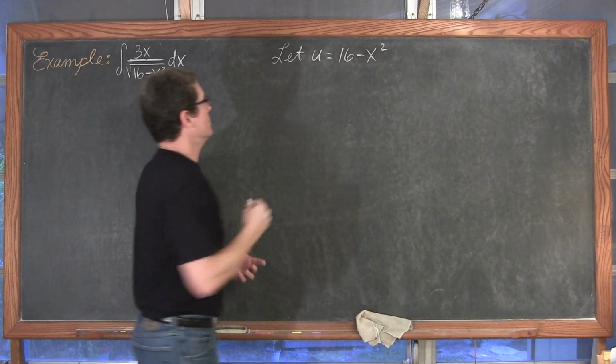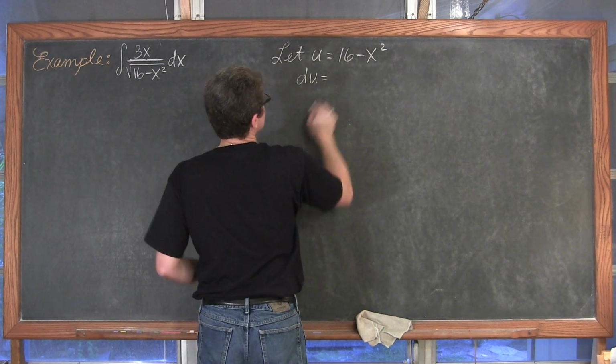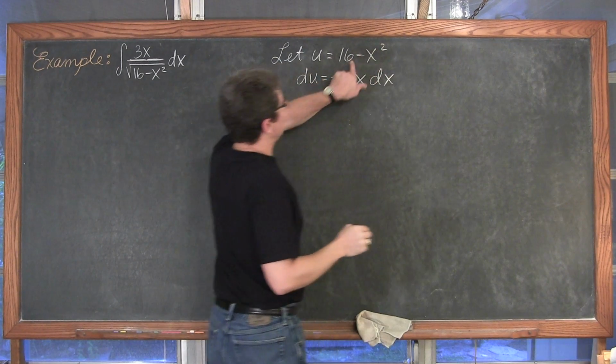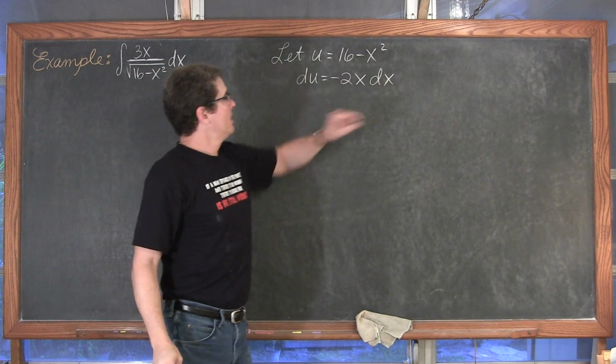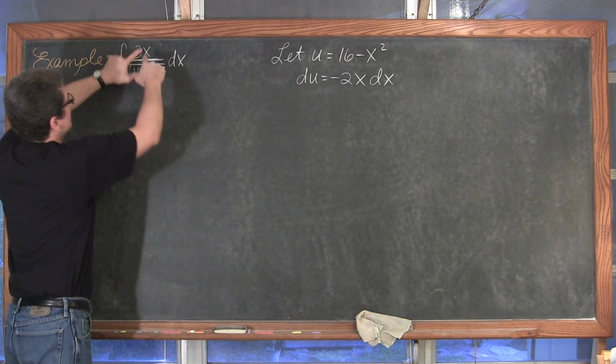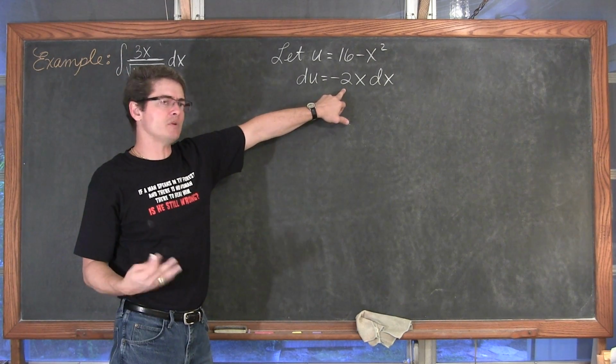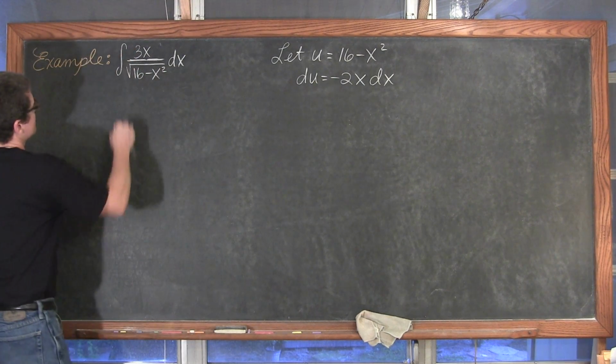That means that du is going to be equal to negative 2x dx, bringing that power down and reducing it by 1. And we have an x dx, but there is a 3 in front instead of a negative 2. So what I'm going to do is go ahead and bring this 3 up front.